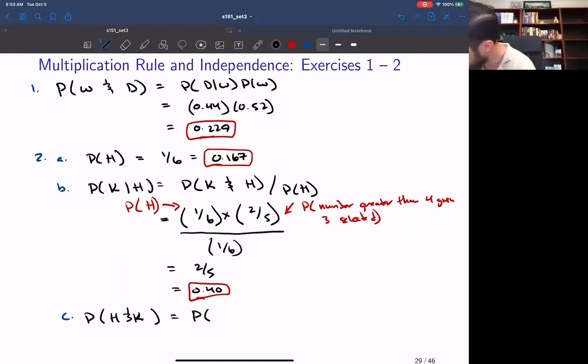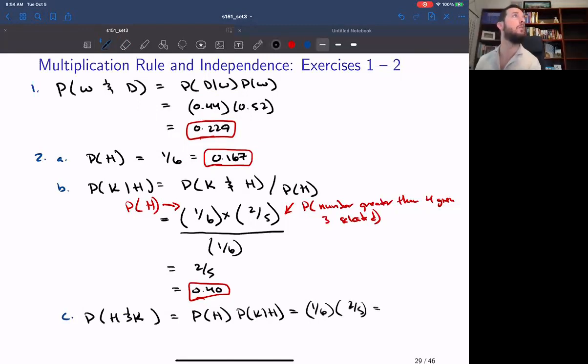So this is going to be 1/6 multiplied by 2/5, which is 0.067.